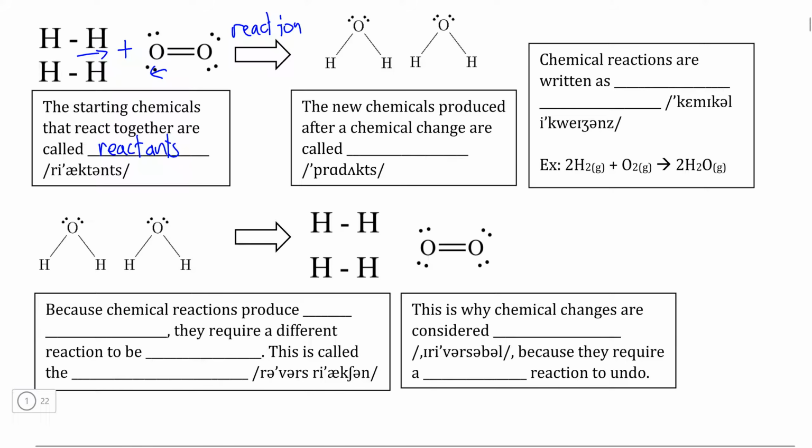The word that I use, produce, was deliberate because everything that occurs after the reaction has occurred are what we call the products. And rather than writing out the chemical structures, if we write out their chemical formulas sequentially like this, we can represent this chemical reaction as what we call a chemical equation.